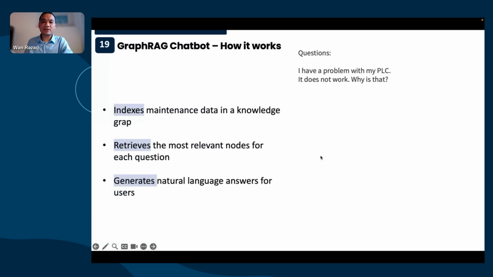Okay, so for example, there is a question: I have a problem with my PLC. It doesn't work. Why is that? From this question, there are two keywords that we are trying to search, which are problem and PLC, and it converts to a vector, which is basically numbers. And then from that, we do retrieval.